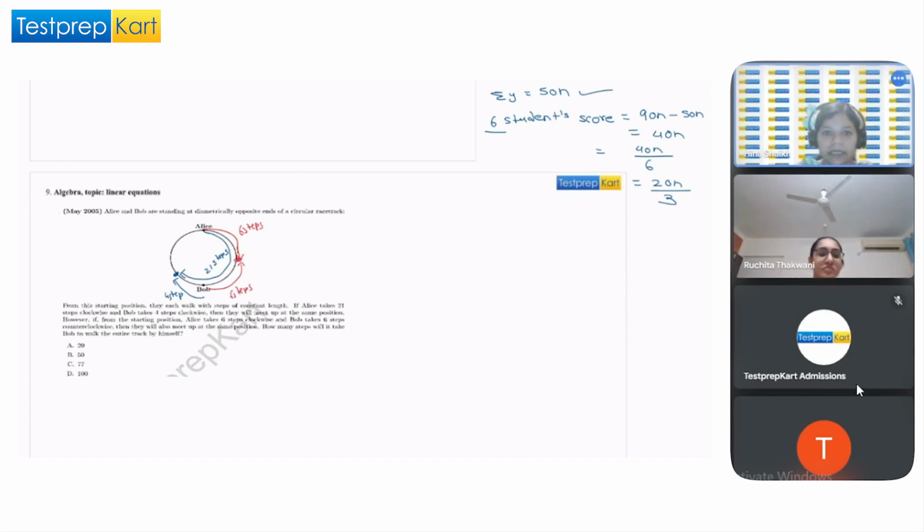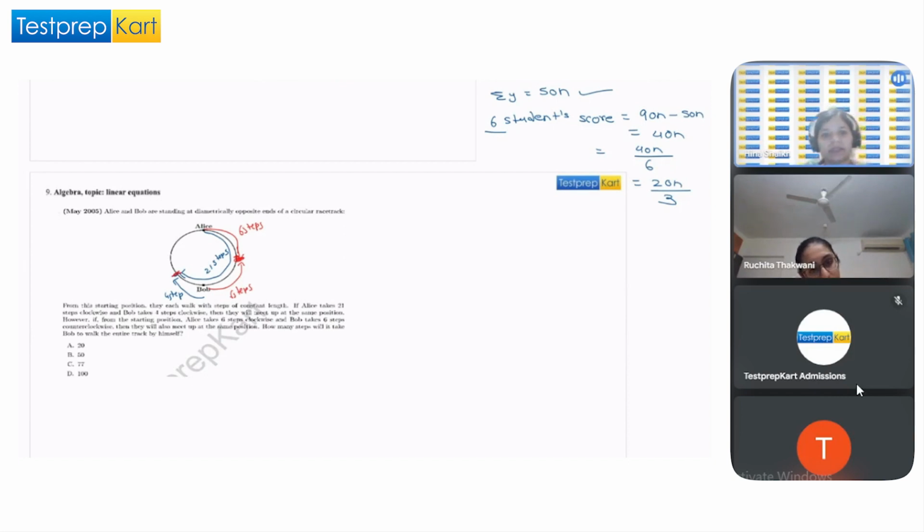Now the question is, how many steps will it take Bob to walk the entire track by himself? Means how many steps will be required for Bob to complete the racetrack? When they meet the first time, Alice takes 21 and Bob takes 4 steps. When they meet the second time, Bob takes 6 steps and Alice takes 6 steps.